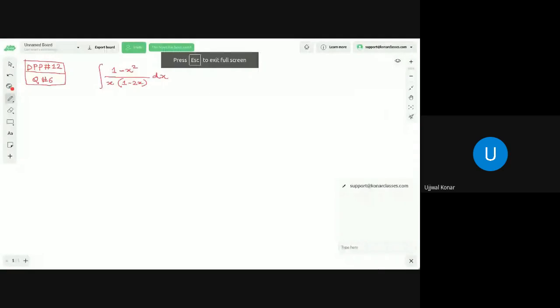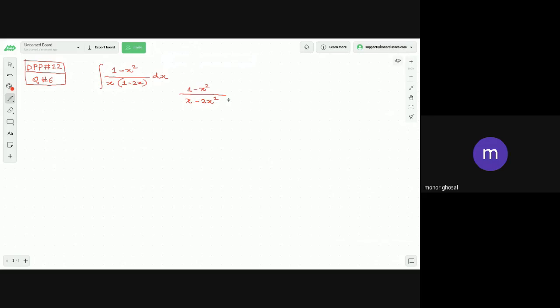It is something like this: 1 minus x square divided by x minus 2x square. Correct? And if you divide, we can modify this a little bit like this: x square minus 1 divided by 2x square minus x.